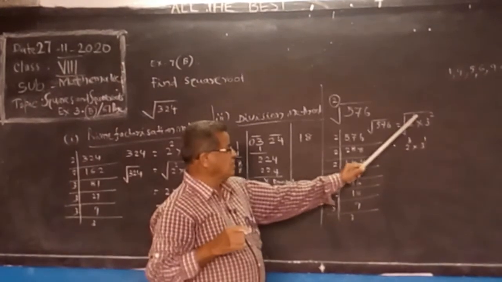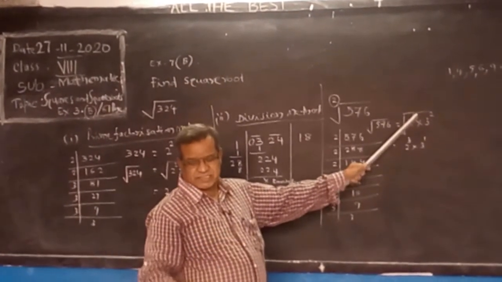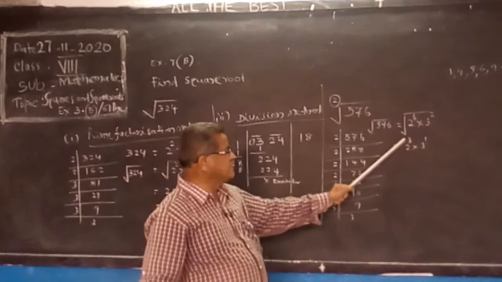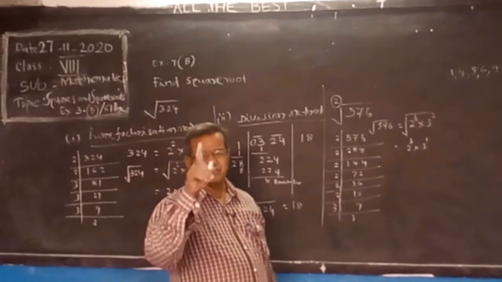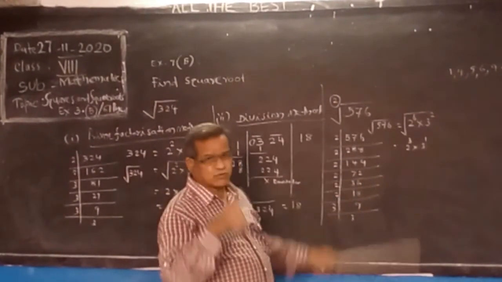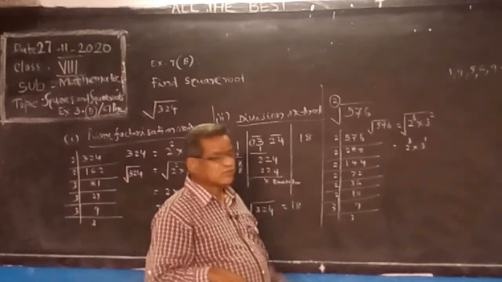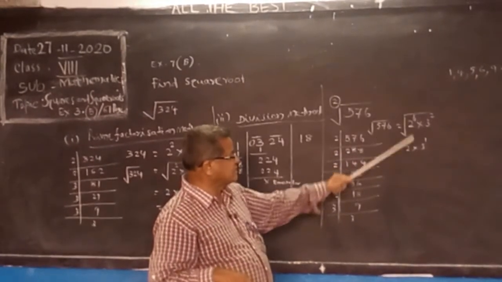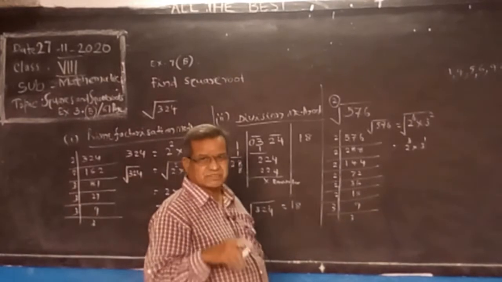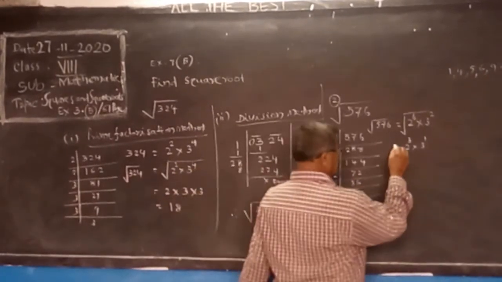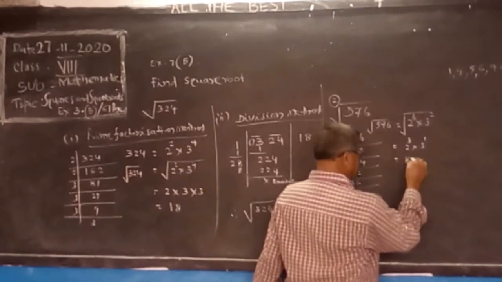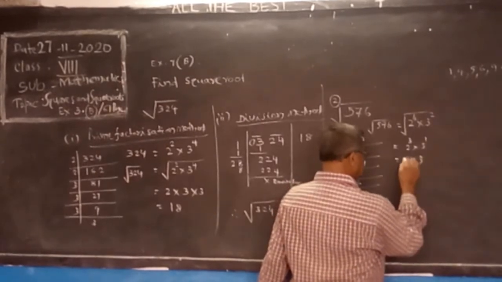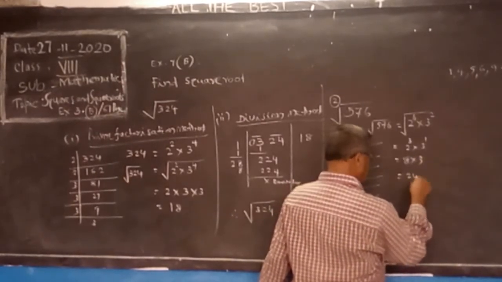Half of 6, because there are 6 digits, 3 pairs. For every one pair we have to take 1. So from 6 we get 3 pairs, 1 digit each. 2 cubed. 2 cubed is 8, 8 into 3. That is 24.